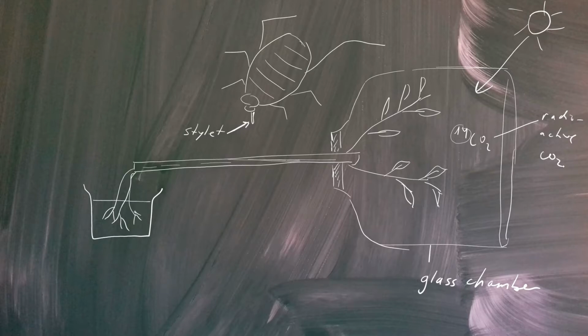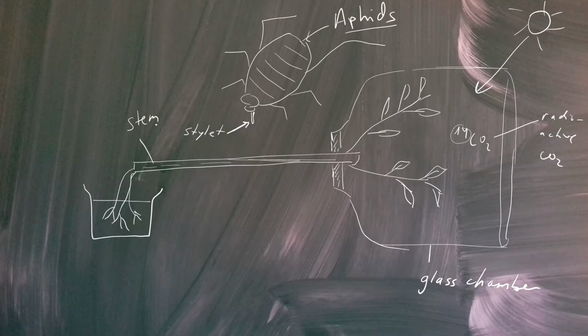And then over here we have little insects, and these insects are called aphids. In German, Blattläuse. And they like to suck the phloem. And so what they have done is the following. They have put those aphids on the stem of the plant.